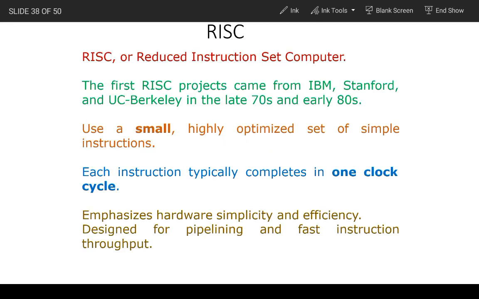So, RISC is a processor architecture that uses a small set of simple and fixed length instructions.